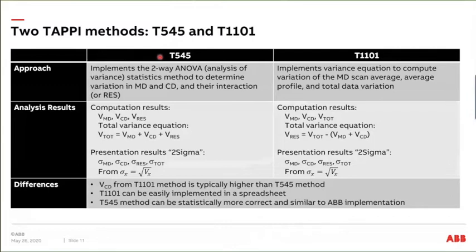Just be aware that those 2 methods exist and are referenced. Typically the T545 is statistically closer to what the ABB VPA does. The VPA in the ABB system is calculated during each scan and updates, but then gives you the final values at reel turn-up.